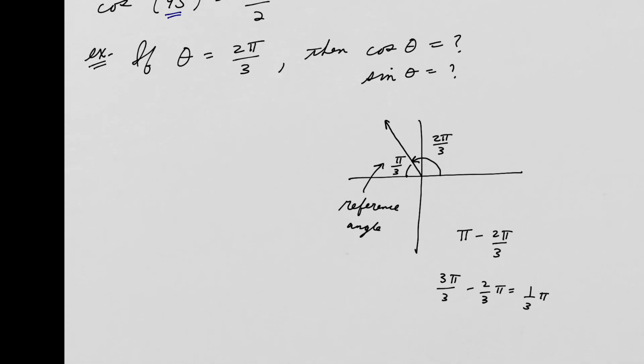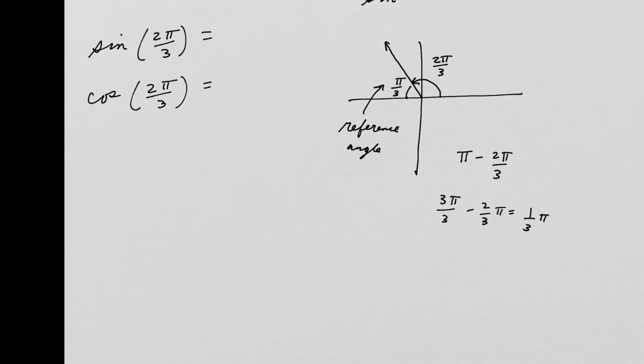So we know that sine of 2/3 pi and cosine of 2/3 pi, that's what we want to find ultimately, their values are going to be equal, at least in absolute value, to the sine of pi over 3 and cosine of pi over 3.